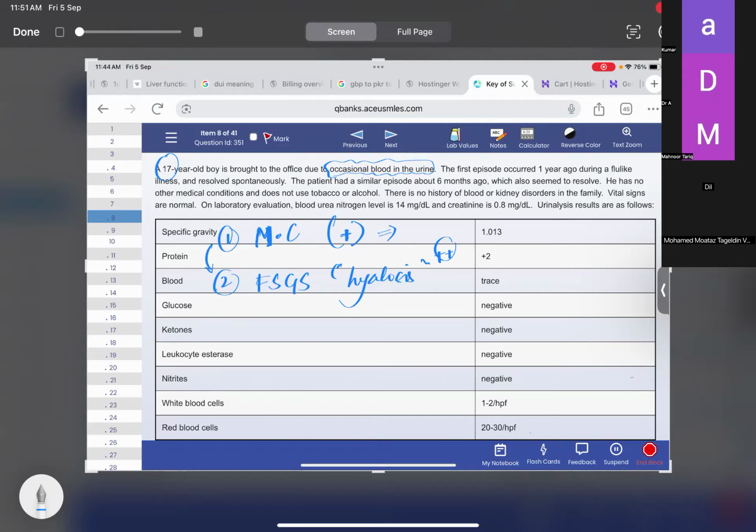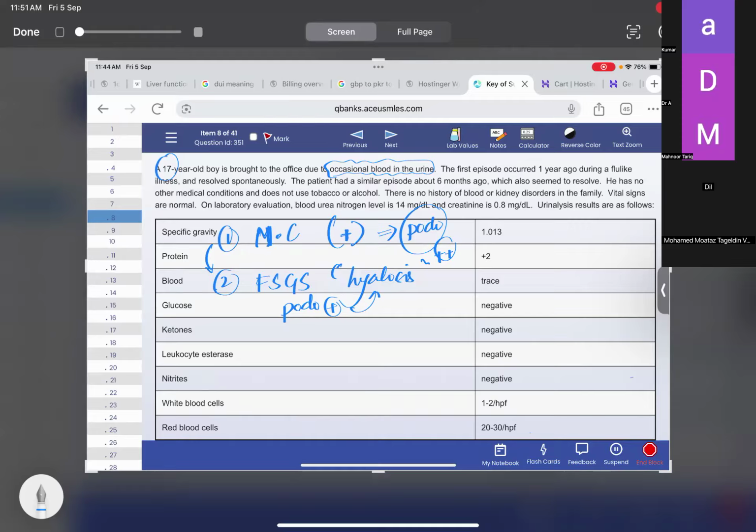I'm just making a concept for you so that you can understand how the pathology is going on. Here in minimal change we have only podocyte effacement. Here we have podocyte effacement plus hyalinosis, so the disease is becoming more aggressive, the injury is getting more and more severe, okay?